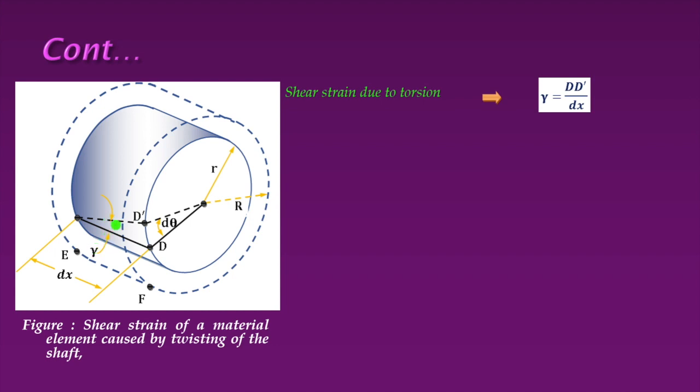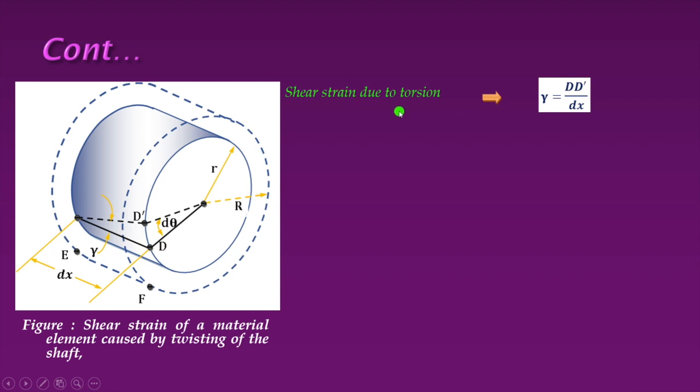We know that arc equals r theta for any circular deflection. Similarly, DD dashed equals this length into this angle, dx into gamma, or gamma equals DD dashed by dx.